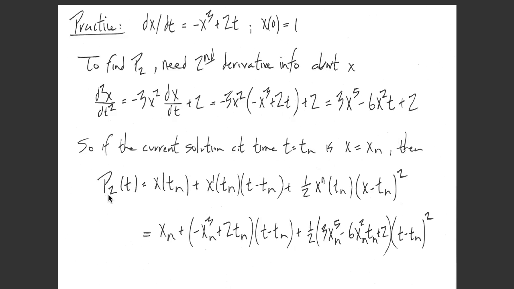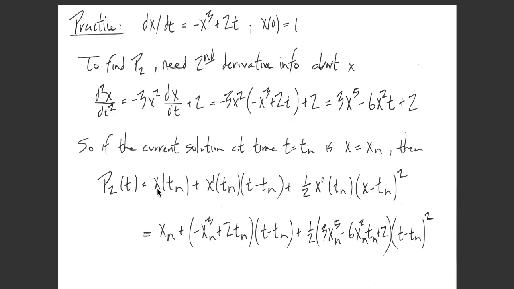So the second degree Taylor polynomial is your function evaluated at the current time, plus the derivative of the function at the current time times t minus tn, and then 1/2 the second derivative evaluated at the current time times, sorry, that should be a t right there, t minus tn, the quantity squared. So this is a Taylor polynomial centered at t equal t sub n.